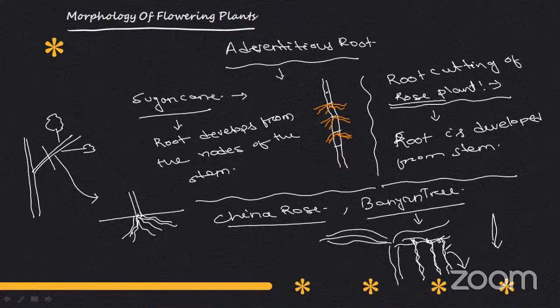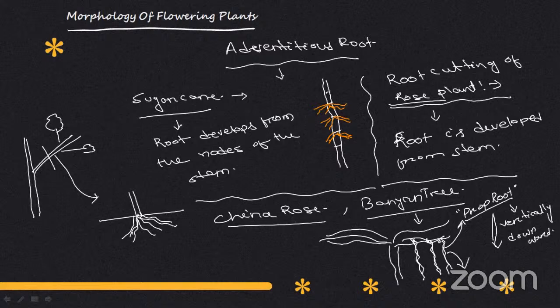So this kind of root is also a kind of advantageous root, and the root that develops in the banyan tree is called a prop root. The prop root is developed from the stem, and it is vertically downward and gives strength to the plant.